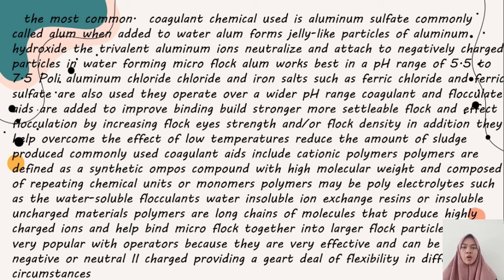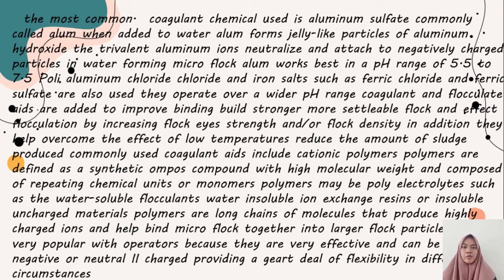Alum works best in a pH range of 5 to 7.5. Polyaluminum chloride and iron salts such as ferric chloride and ferric sulfate are also used. They operate over a wider pH range.